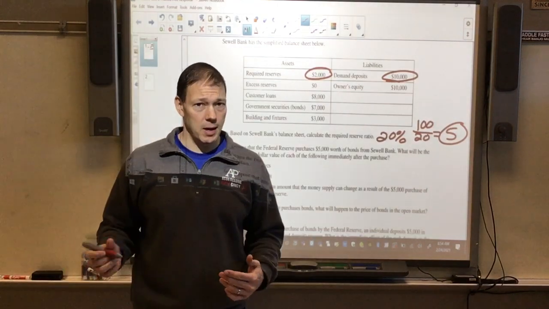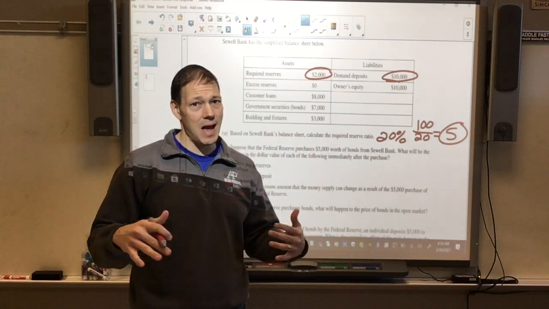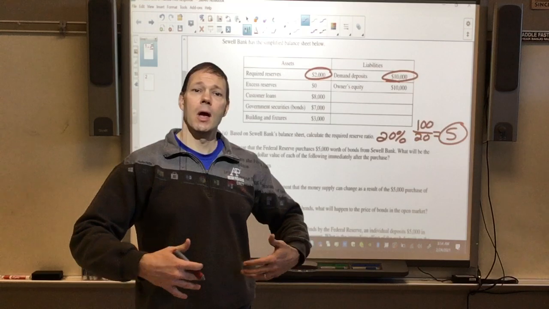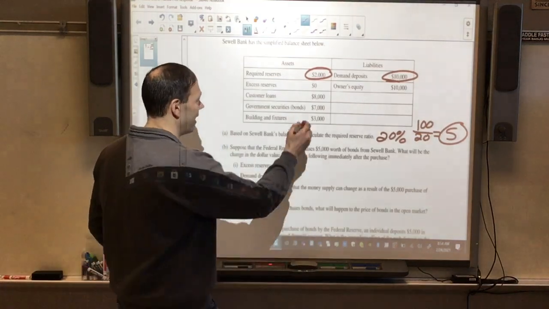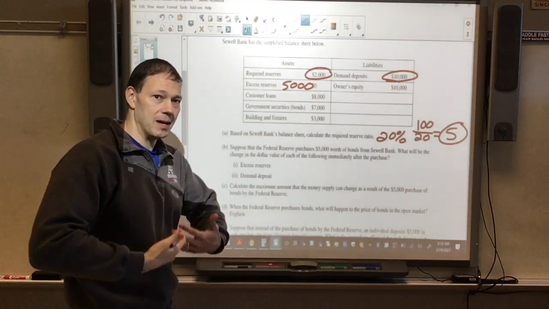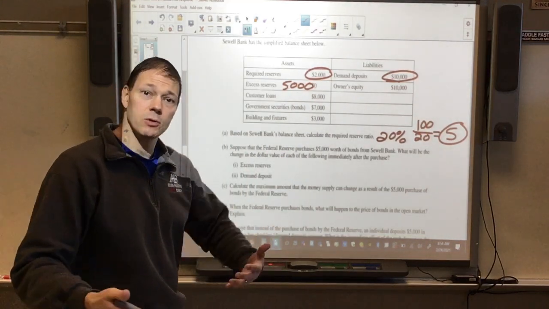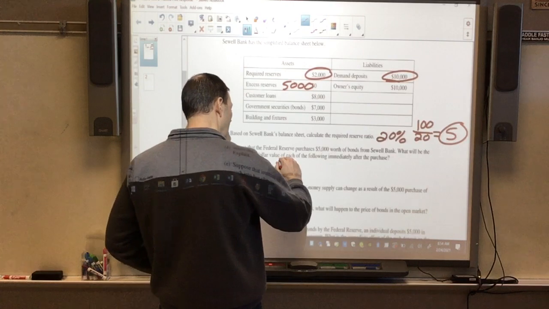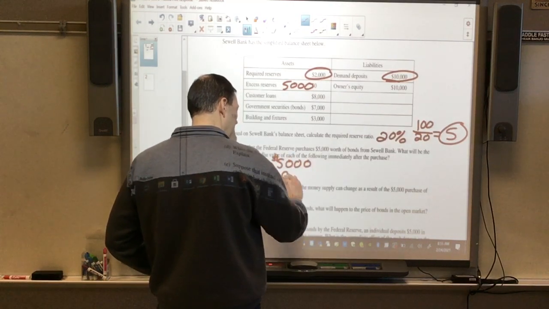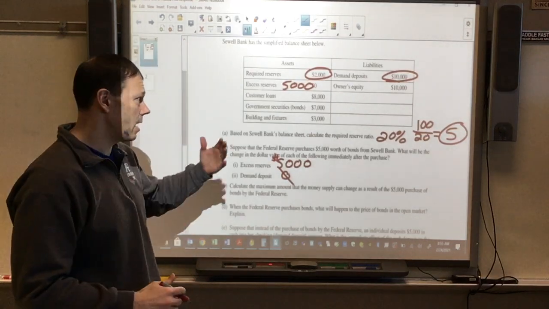Well, when the Fed buys bonds and gives the banks money, that is not a demand deposit. They're not a customer, they're buying. So excess reserves increase by 5,000, because now the bank has an additional $5,000 that they can do whatever they want with. No change in demand deposits though, because that's not a demand deposit.